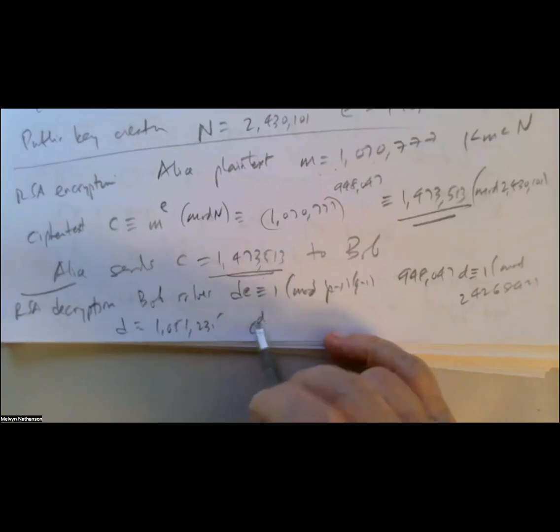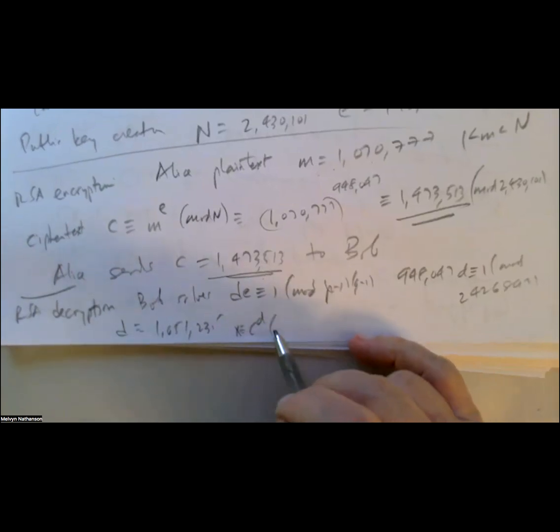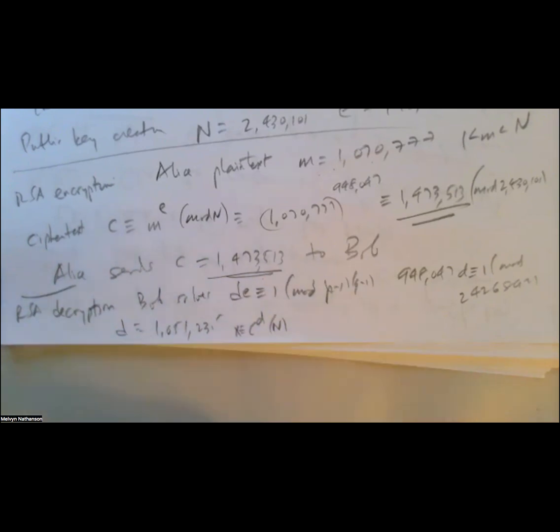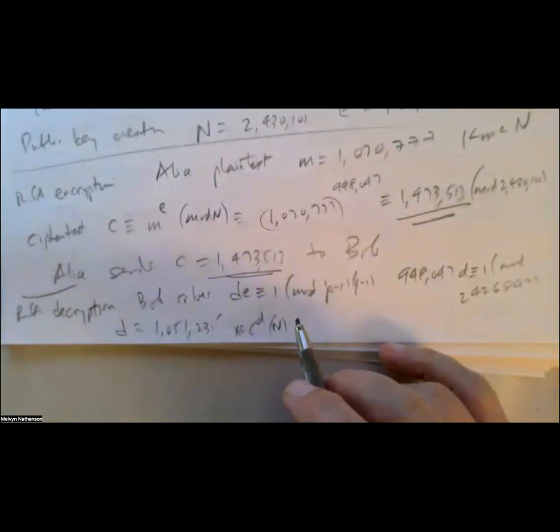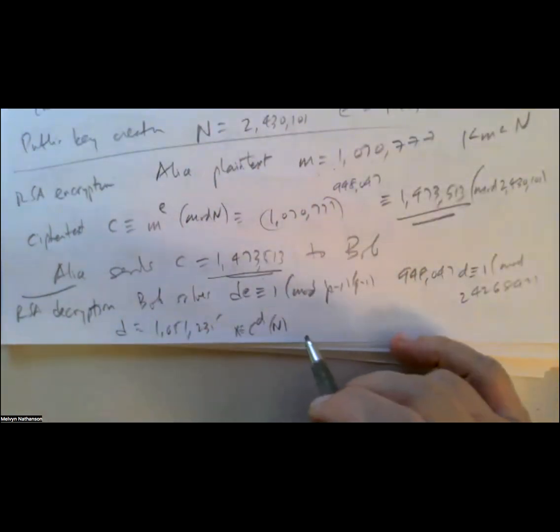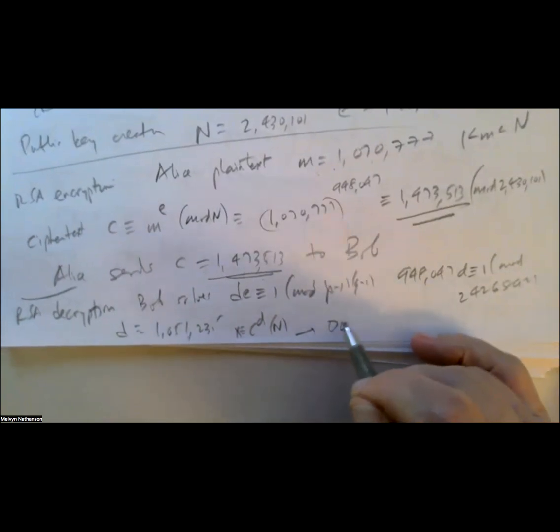So you compute C to the D mod N. So you have this number raised to this power reduced mod N, and you're done.